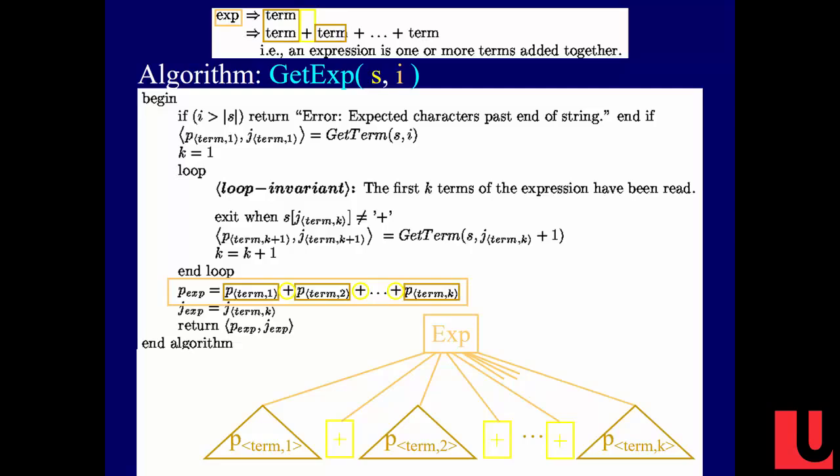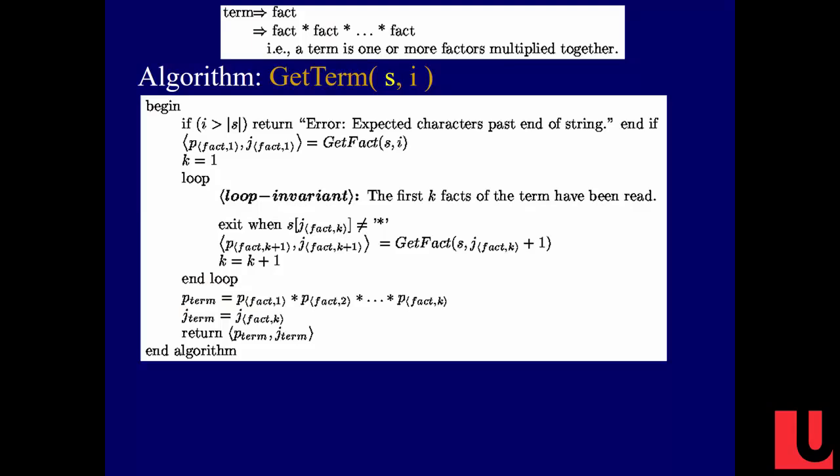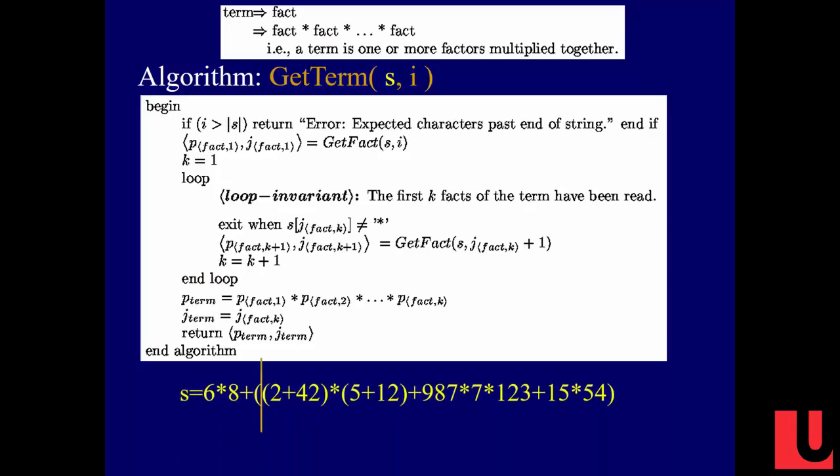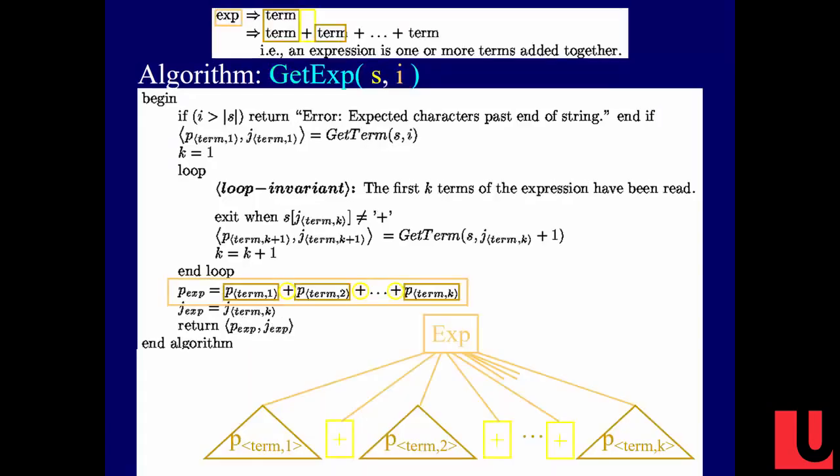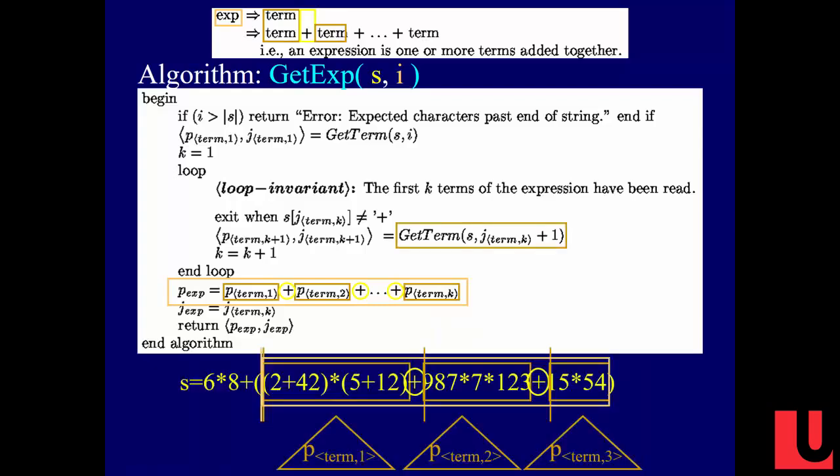All right, everybody good with that? So get term is the very similar code, right? Say we're starting there, then back in the last one, you'll see you have to return the j. What j do you return yourself?